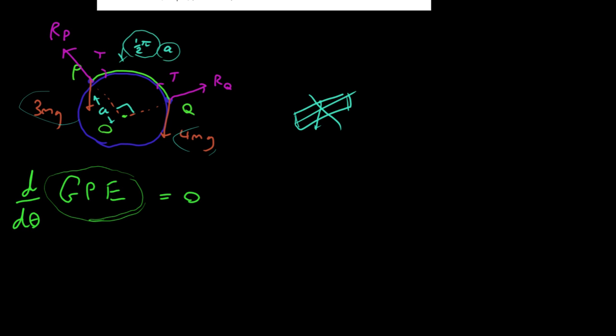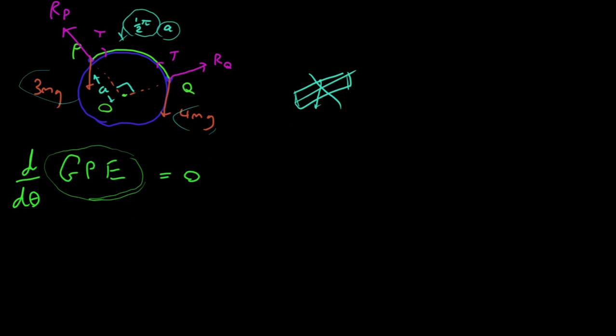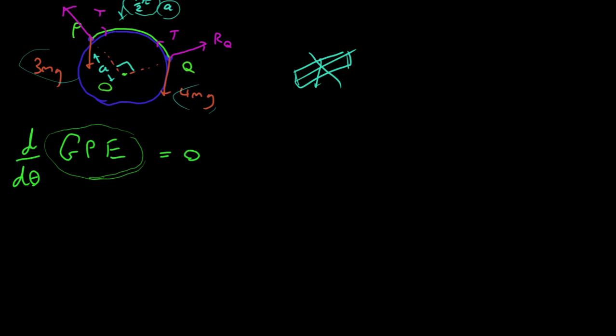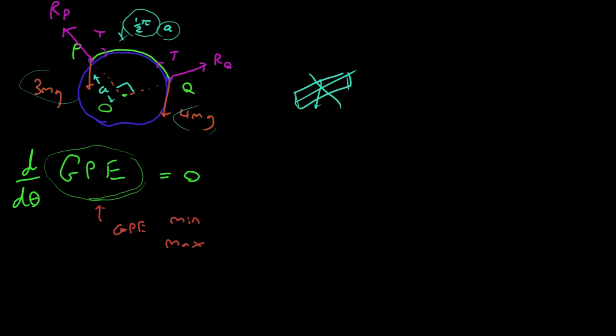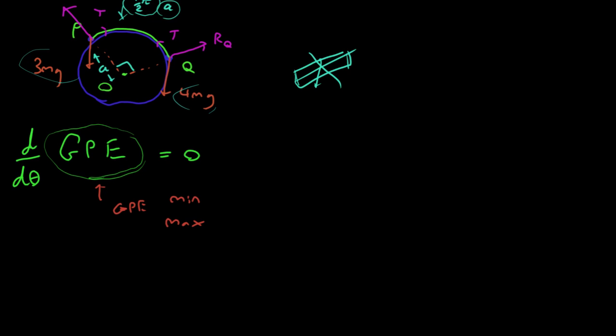And you will get a particular value of theta for equilibrium. So what that means is the gravitational potential energy is at either a minimum or a maximum, and the system is in equilibrium, either unstable or stable.